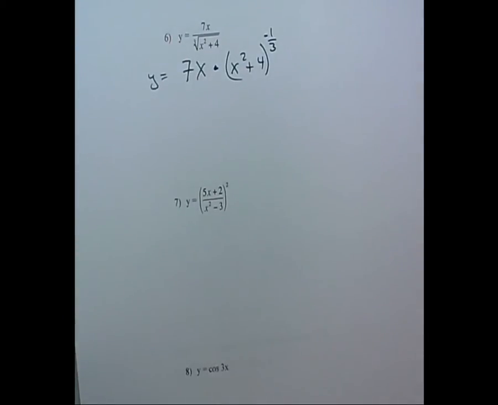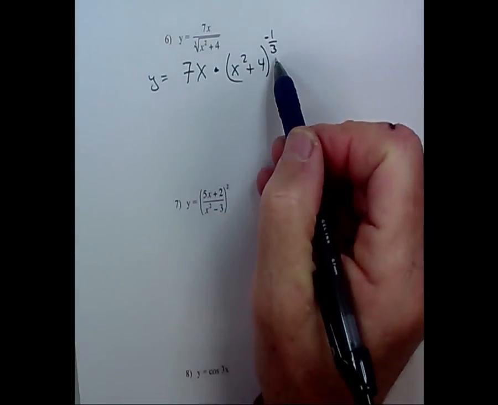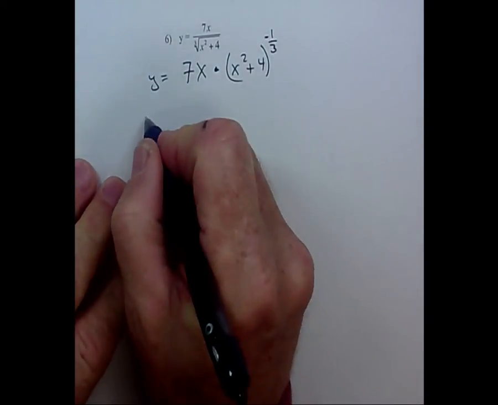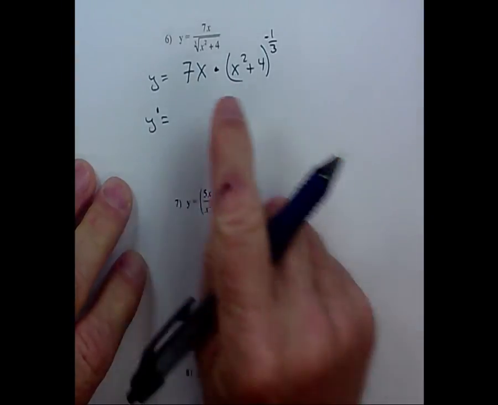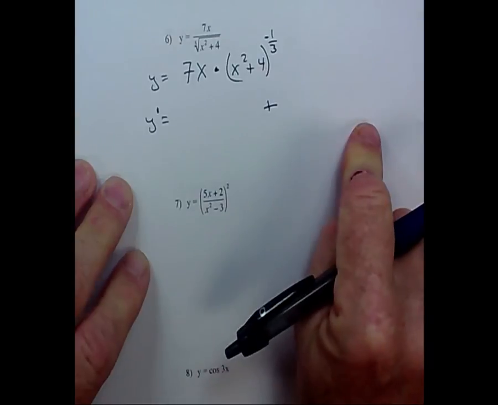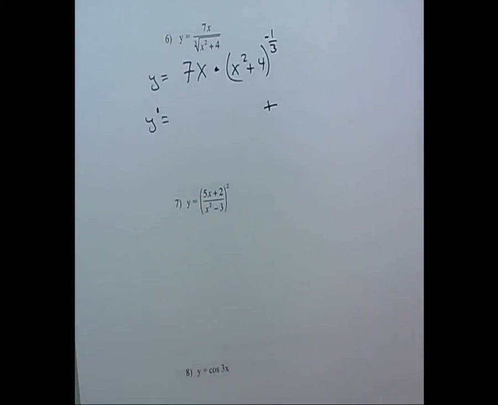Which almost looks like the one that Allie did. Except it was positive here, correct? But I'm going to ask Aiden the same questions. We have two derivatives. We're going to have to take each of these derivatives, correct? And they're going to be separated by a plus sign. Are we okay with that?